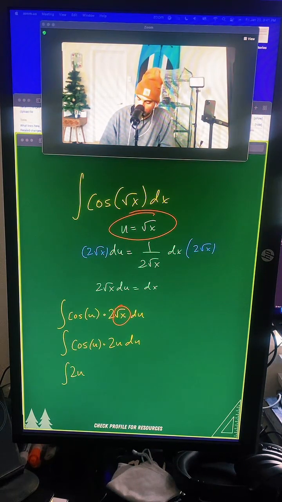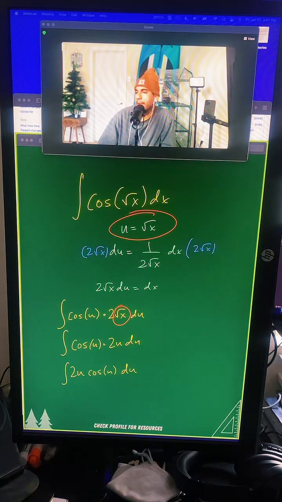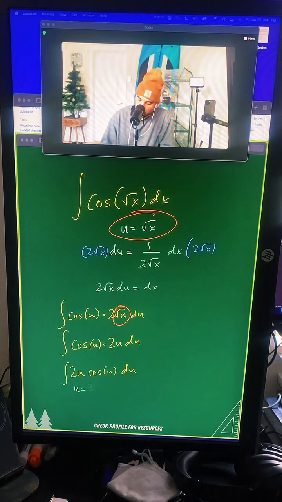Now we can do u sub again, or in this case, I believe it's going to be an integration by parts problem. So we're going to make u equal to 2u, du is equal to 2 du, dv is equal to cosine u, and then v is equal to sine u.